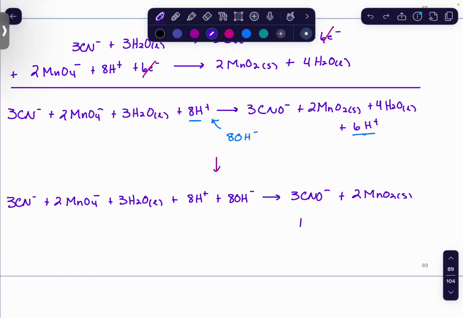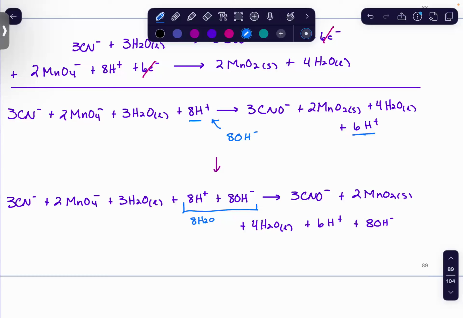We might need more room than that. Now we're going to look. You see the 8 protons and 8 hydroxides? That's going to give me an extra 8 waters.